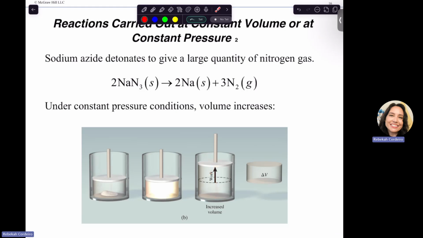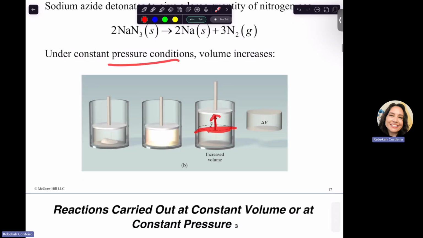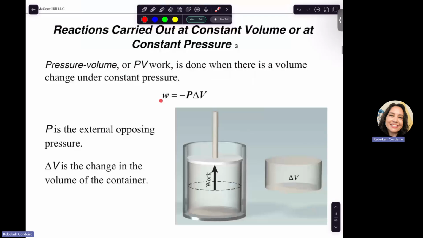And so here now we get this work. Work can be related to constant pressure and change in volume. However much change in volume we have can be related to the amount of work that is done at that certain pressure. So we get this formula where work is related to the constant pressure and the change in volume.